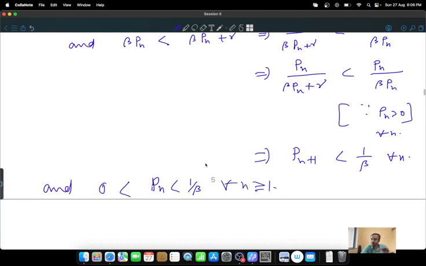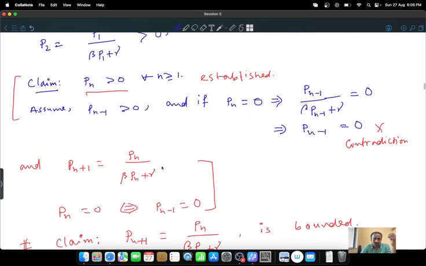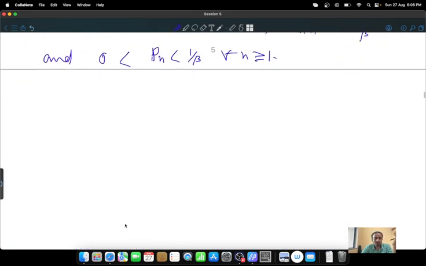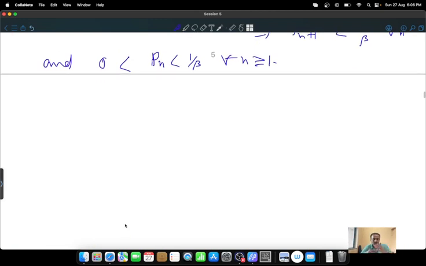So basically what you have got is that Pn is a bounded sequence. Okay, so now one of the common theorems in showing a sequence converges is to show it is bounded and monotone, right? So now my next job is to show whether it is monotone or not. From the Bolzano-Weierstrass theorem, one thing is guaranteed now, that you have at least one subsequence that is convergent.